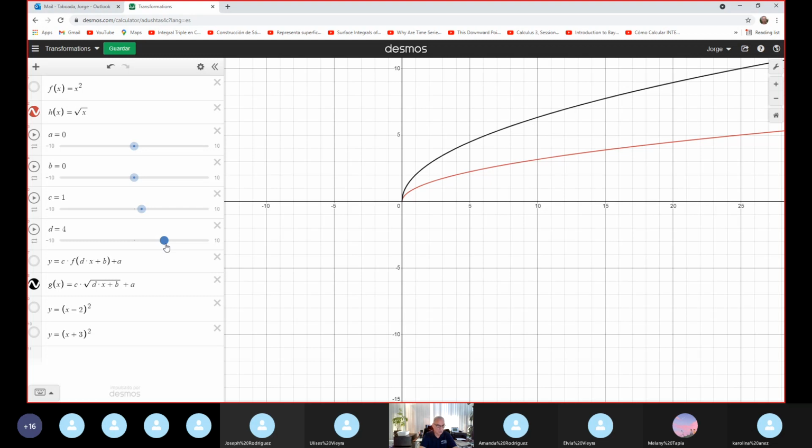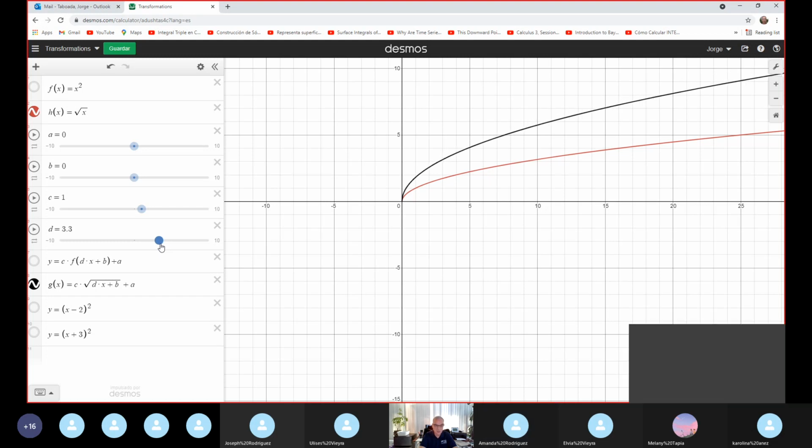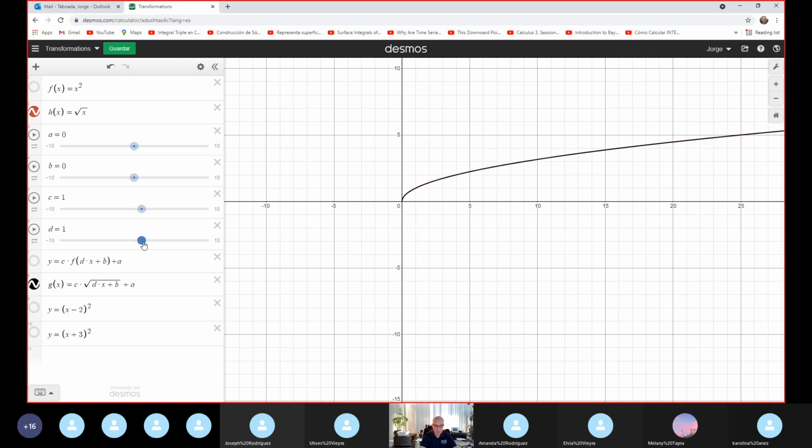Stretch? No, it's compress, because it's horizontal compress. Look, you need to interpret. The effect is similar, very, very similar.